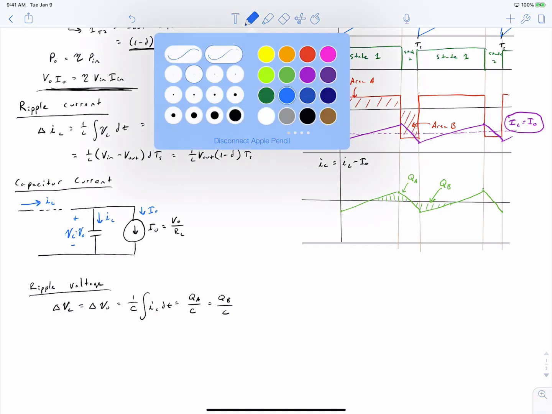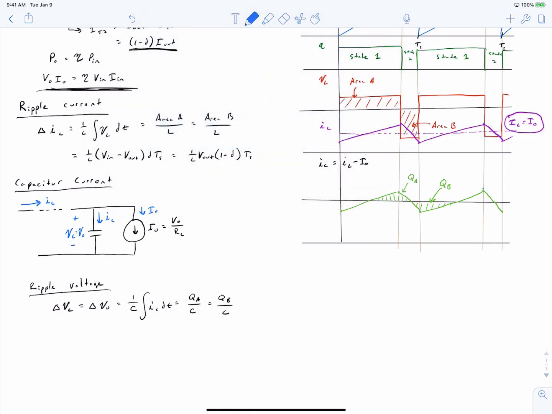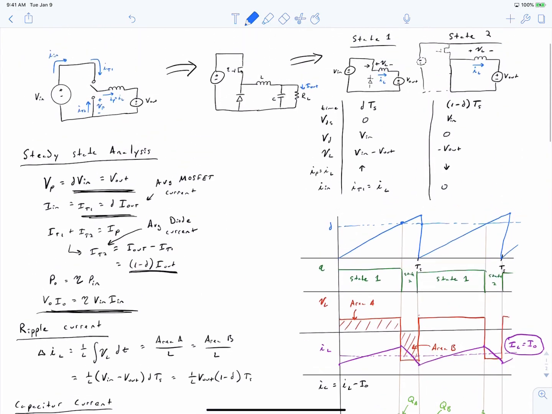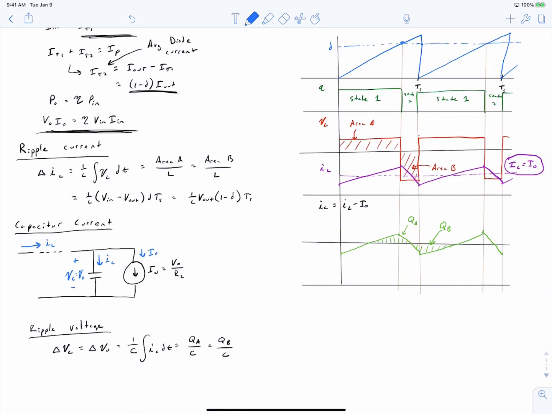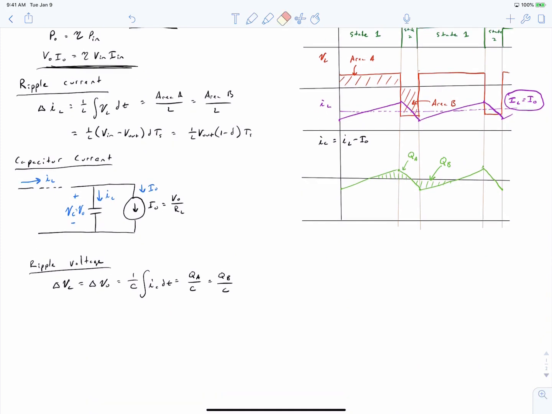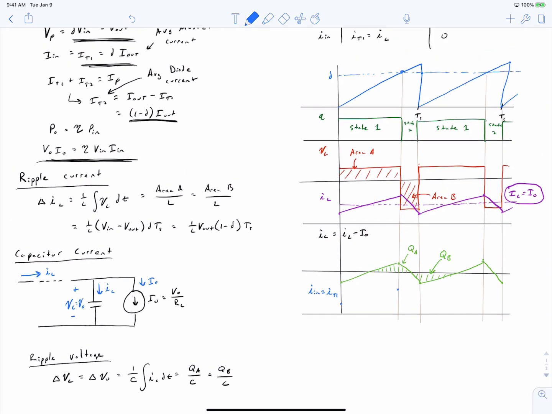The final thing to point out is the waveform for our input current, IN. So going back up to the top, that is the current entering from the source supply. And the input current is equal to our throw 1 current, which is simply going to be equal to IL during interval 1 and 0 during the interval of stage 2.